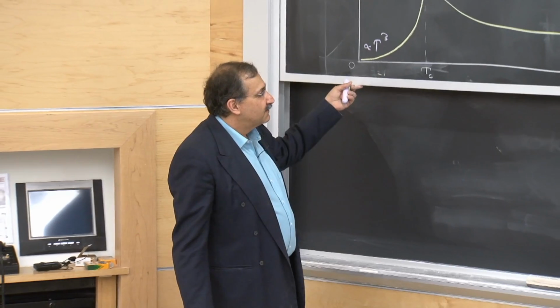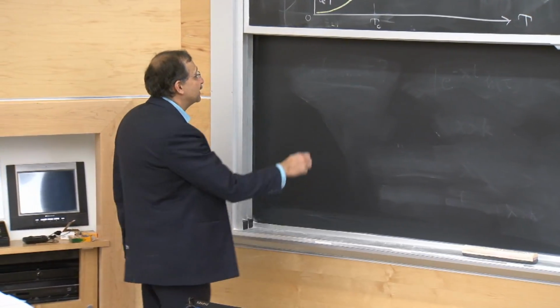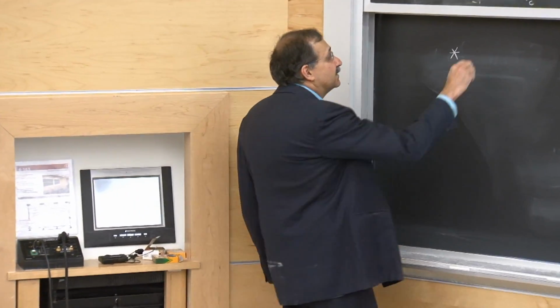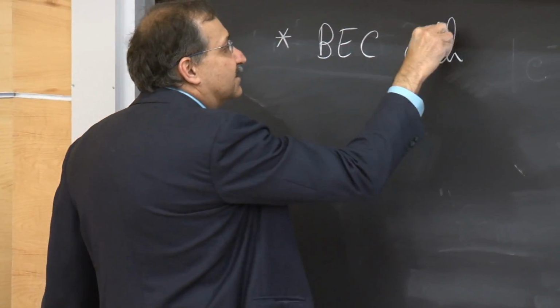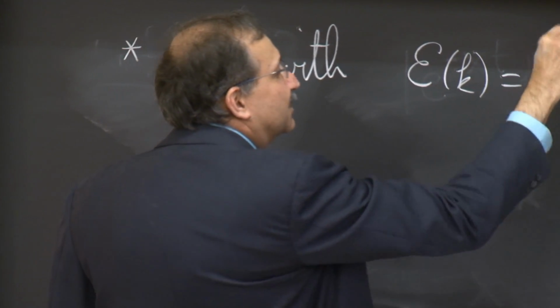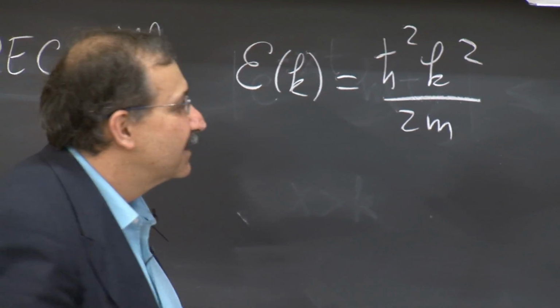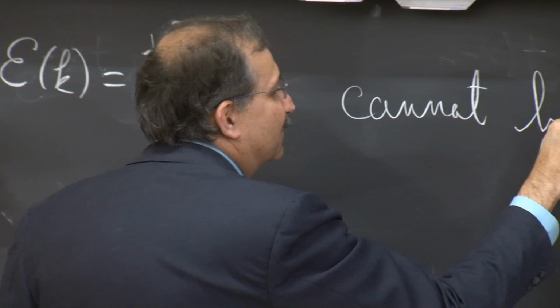And finally, I will write down one statement, and then maybe we'll explain it next time: a BEC with the spectrum of excitations k squared over 2m cannot be superfluid.